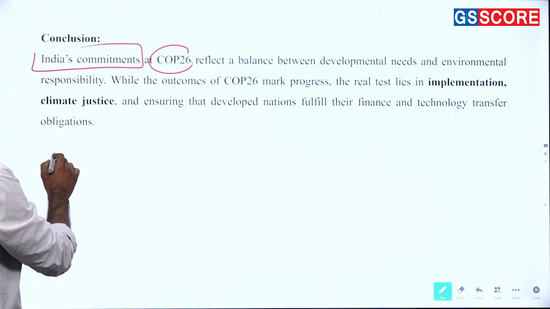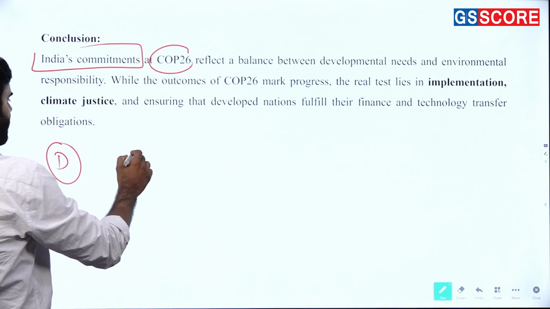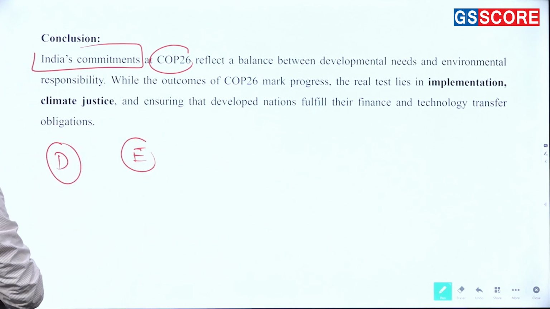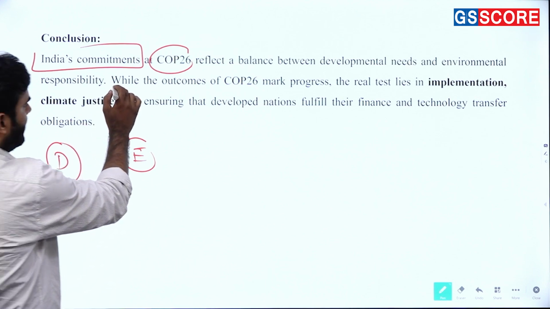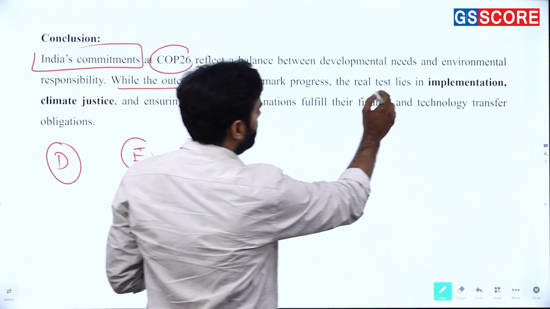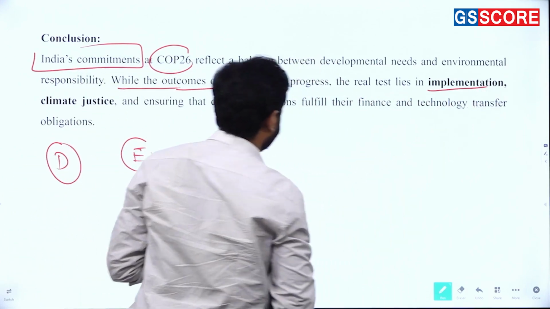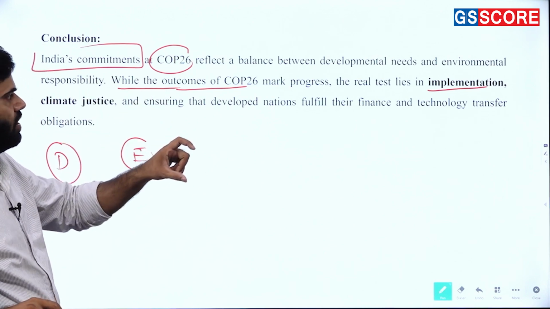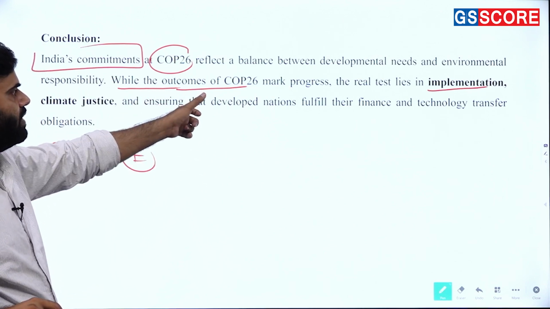On one side we have to think about development and on the other side about environmental concern. In the second line I started, "while the outcomes of COP26 mark progress, the real test lies in implementation." So I put a question mark on the outcomes of COP26.